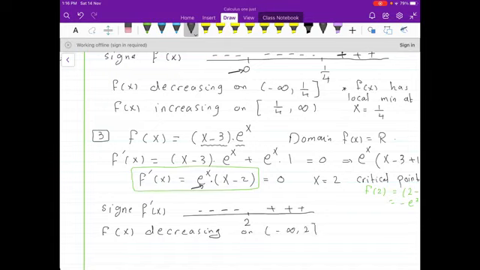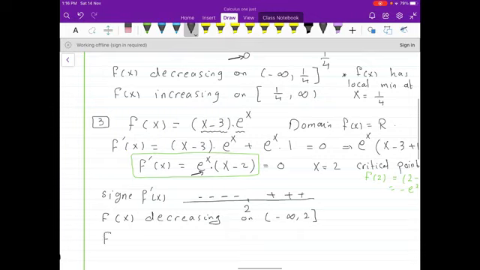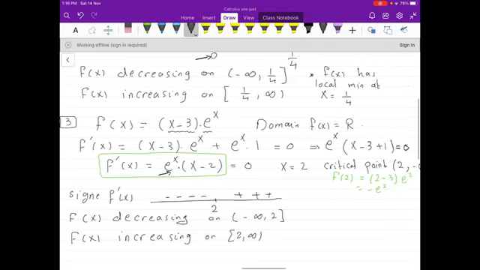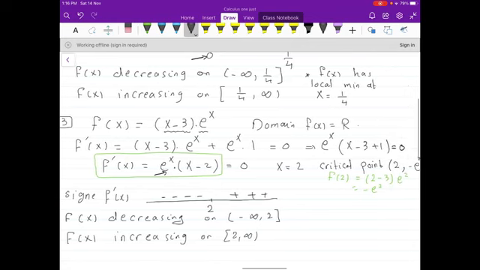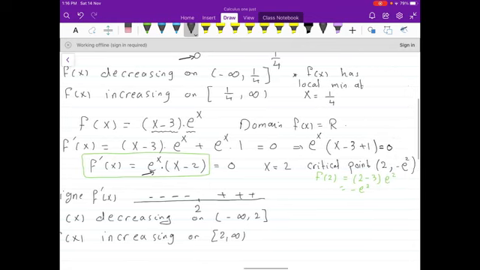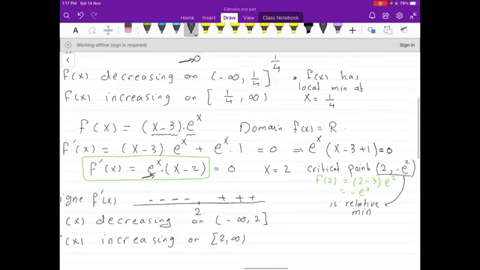On minus infinity to 2, and f is increasing on the interval 2 to infinity, and this point is a relative minimum for the function. Okay.